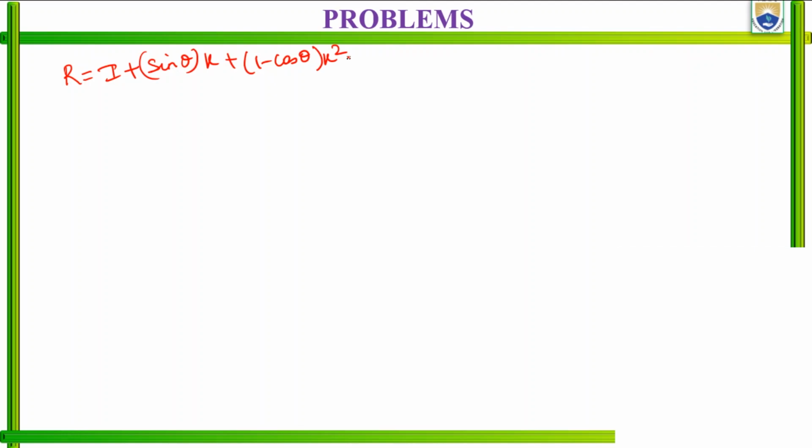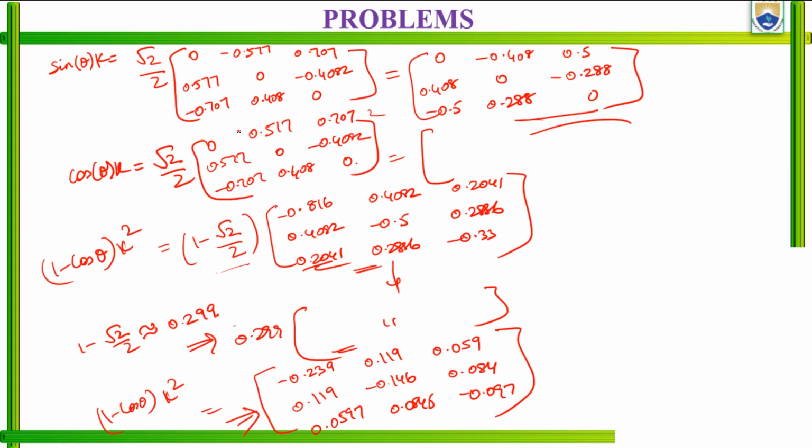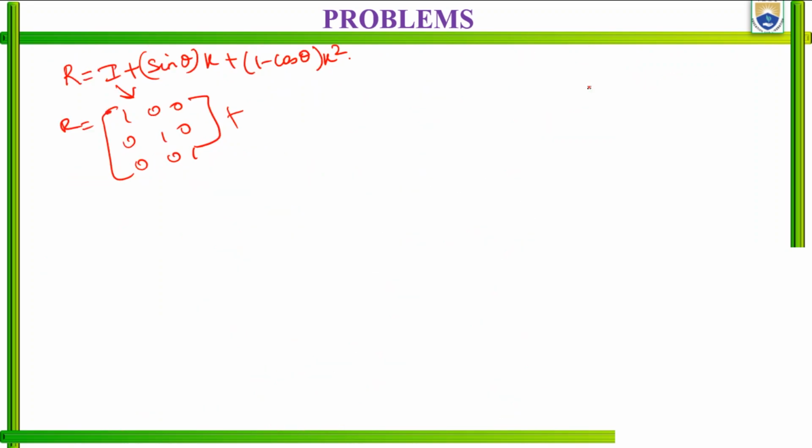What is the identity matrix? The identity matrix is nothing but 1, 0, 0, 0, 1, 0, 0, 0, 1. This is the identity matrix as we all know. Plus, the sin theta matrix which we have got, we will be inserting here.